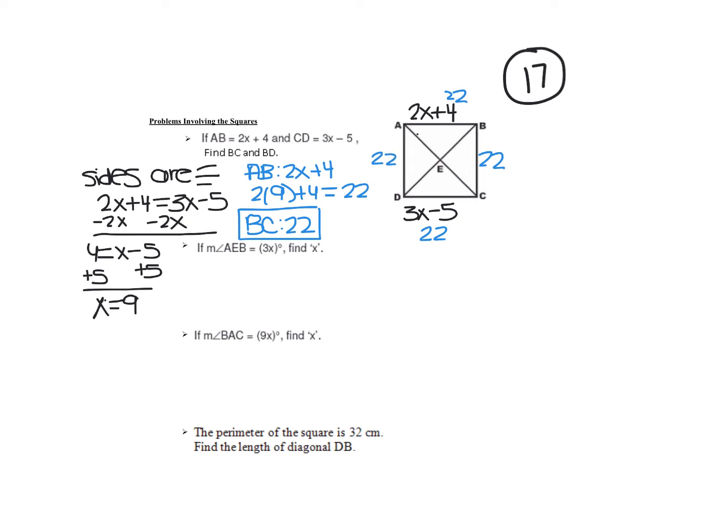Now, the next thing that it says is find BD. And BD is this diagonal that I just highlighted in blue. So there's a couple things that I know here. The first thing I know is that this angle at A is 90 degrees.